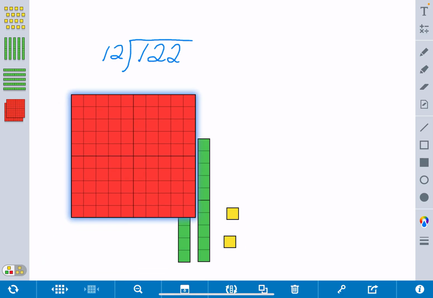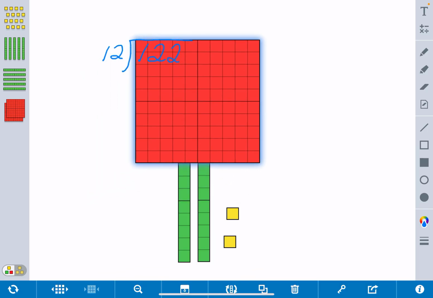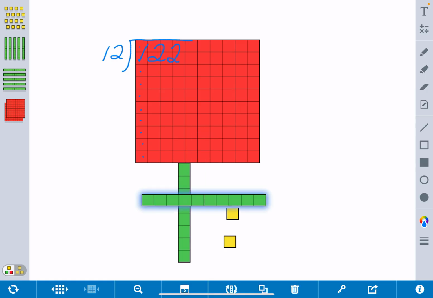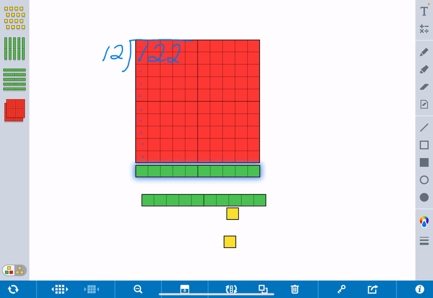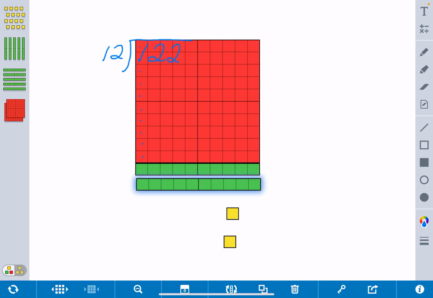So I'm going to bring this up here. Let's see. That's 1, 2, 3, 4, 5, 6, 7, 8, 9, 10. I need 12 rows. So I'm going to put my 11th row and my 12th row.